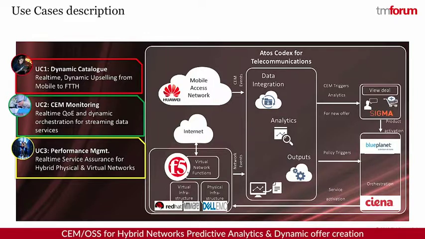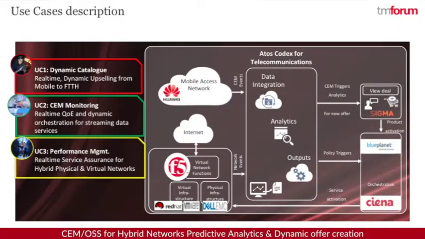The second one is customer experience monitoring. We are currently monitoring the quality of service dynamically and orchestrating those streaming services through the NFV network. And finally, the last use case, which is the key one, showing the predictive analytics, is related to the performance management of the NFV network.